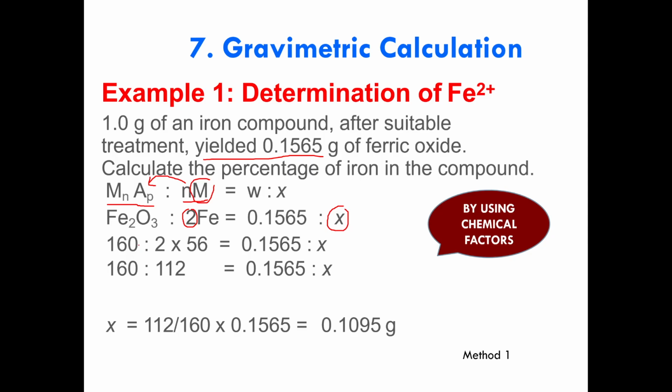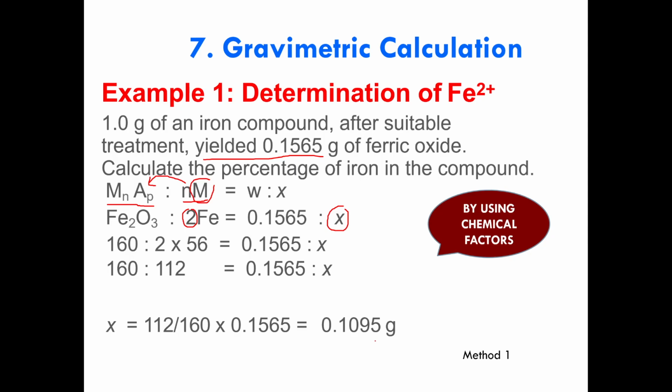Mathematically, 160 ratio with 112 equals 0.1565 ratio with what mass? So we multiply 112 by 0.1565 divided by 160. We get the value for S, which is the mass of analyte, 0.1095 gram.